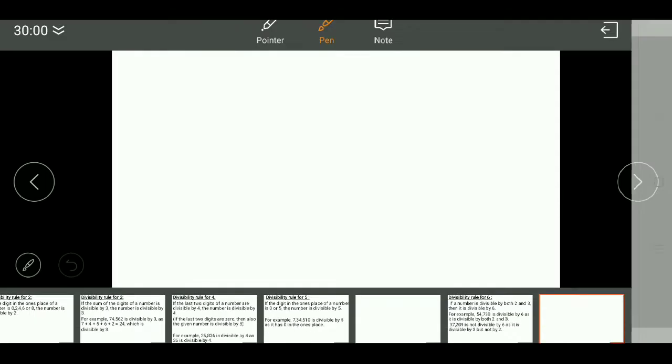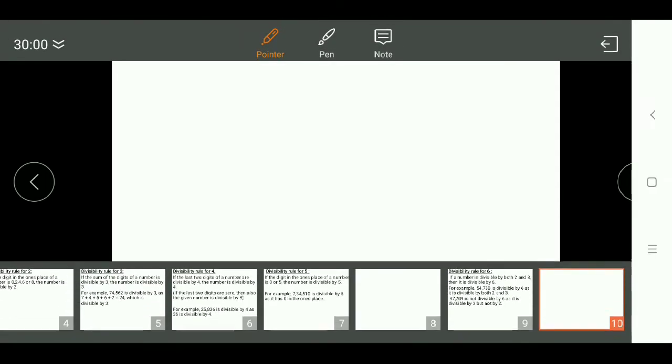Okay, so if a number is divisible by both 2 and 3, then only that number can be divisible by 6. So let's check some examples. For example, 3614. Is this number divisible by 2? Yes, because the last digit is 4.